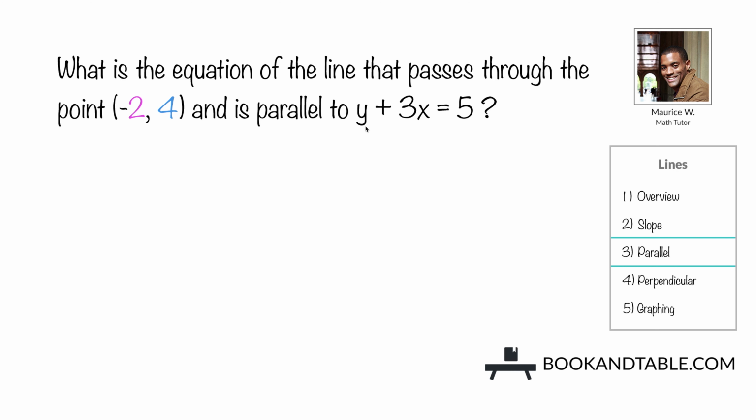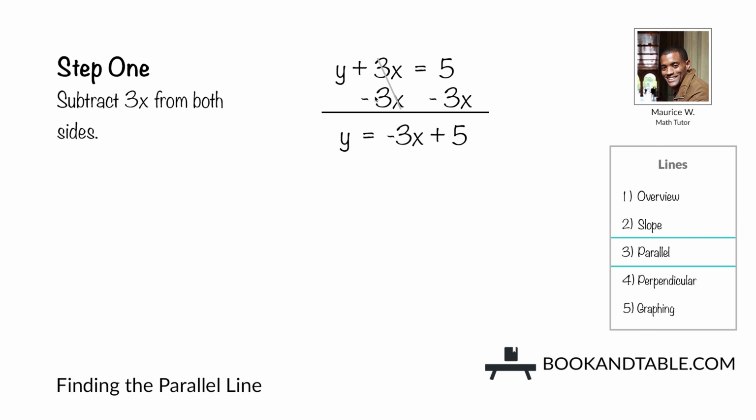So the first thing we'll do is change this from standard form to slope-intercept form. So y plus 3x is equal to 5. Step 1, we'll subtract 3x from both sides to give us y is equal to -3x plus 5. So this is the equation of the line that is parallel to the one that we are looking for.